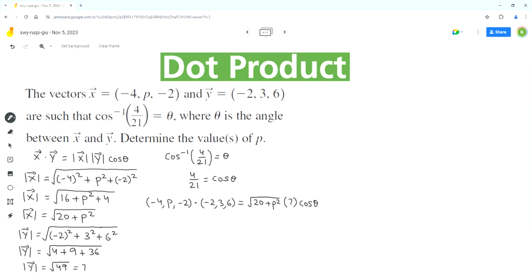So we have to multiply the x and the y and the z components. Now we know cos theta is equal to 4 over 21.